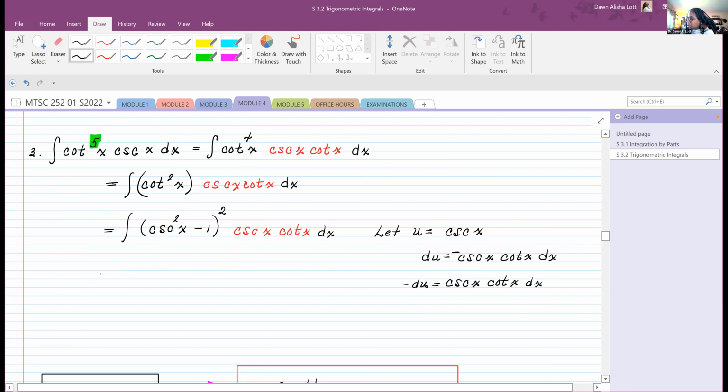So this is the integral of u squared minus 1, squared, and then that is negative du.